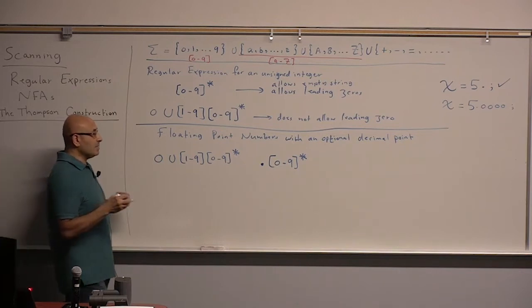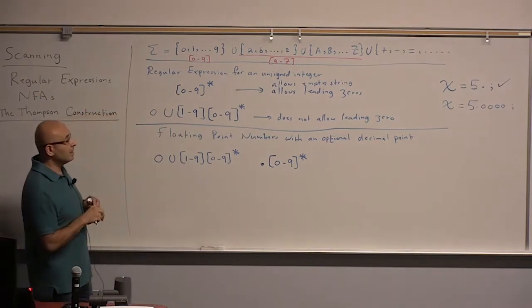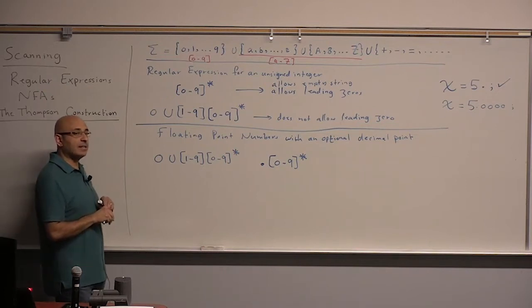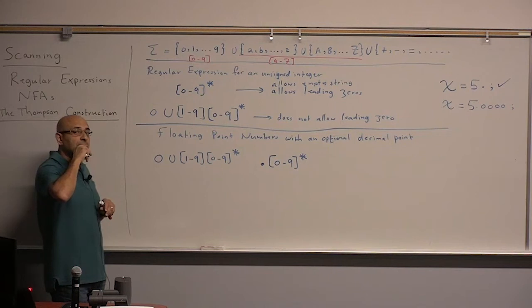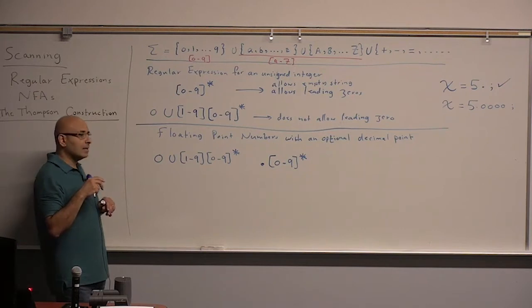So if we want to make the decimal point optional, you can wrap the whole thing. You can make the decimal point and everything after it, all of it optional. How? So how do we express this using regular expressions? That's the question. Yes? Parentheses, right? If you put parentheses before the decimal and after the star, and then a star afterward.